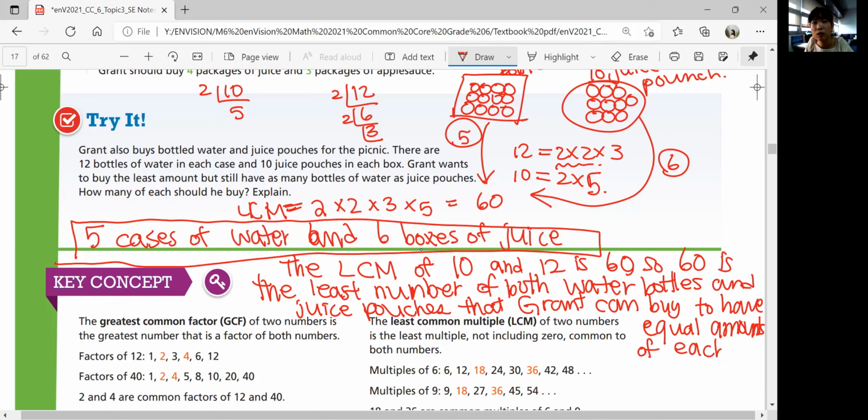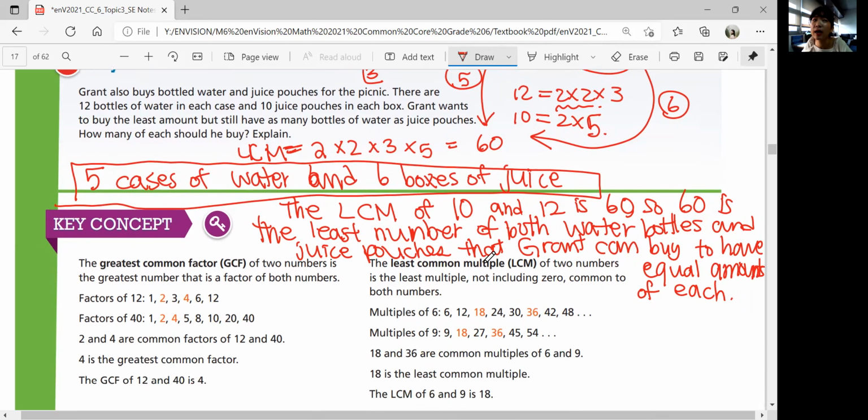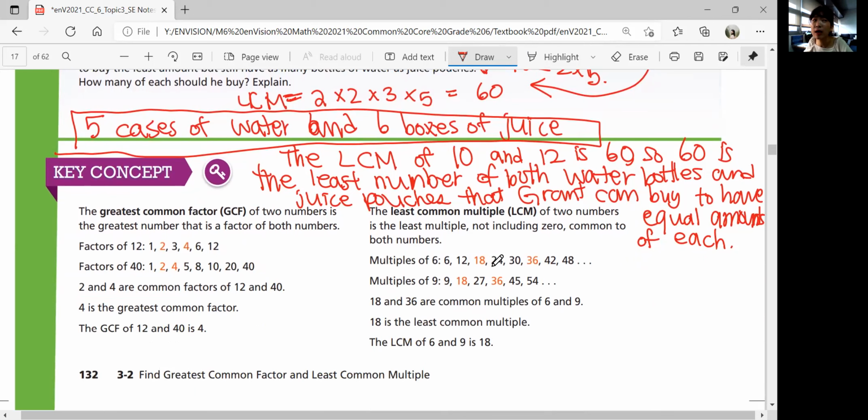Okay, so let's summarize our lesson. What did we learn today? The GCF and LCM, greatest common factor and least common multiple. How do you find them? In order to figure out the GCF, you need to look at the prime factorizations first, and pick the common factors and multiply them. Only the common factors.